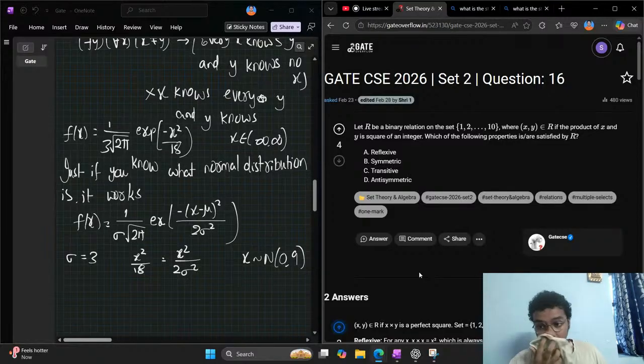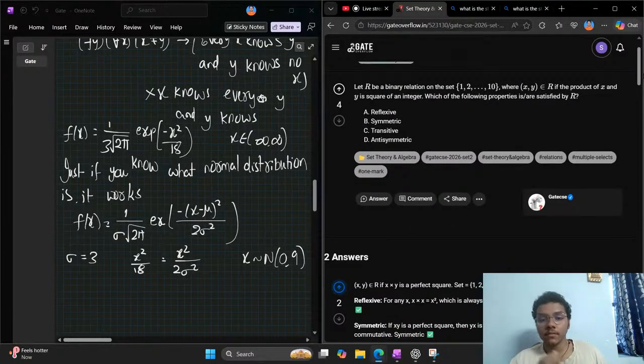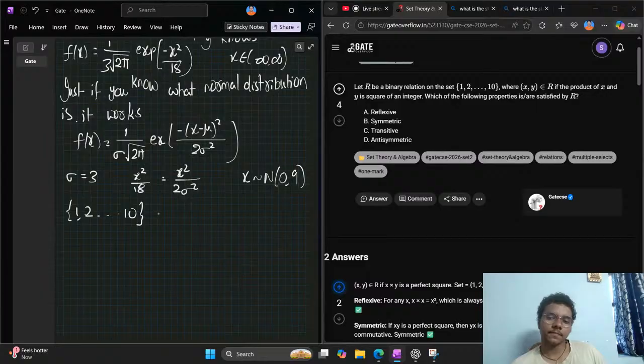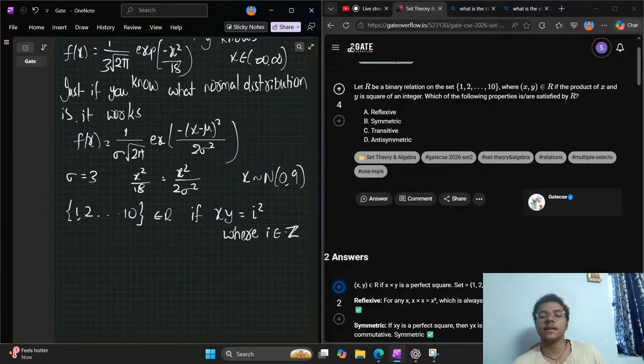It is a binary relation. If the product of x and y is a square of an integer, which of the following are properties satisfied by R? Pairs x, y belong to R if xy is equal to i square, where i belongs to Z. You can write something like that.